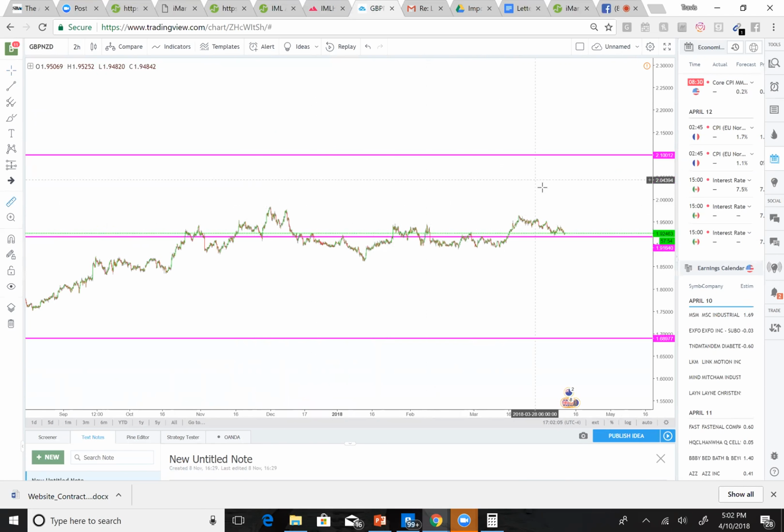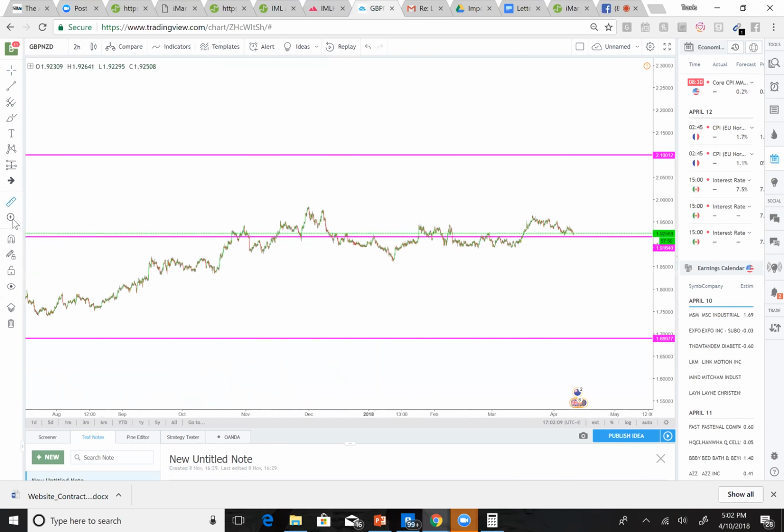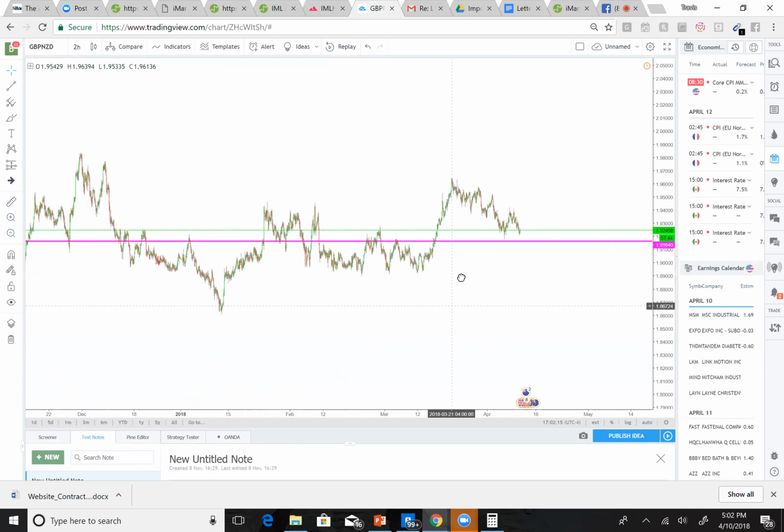Now, how do I get my stop loss? Gotta zoom in. So I really should have got into this trade right here, but I'll just play the game with you guys. It actually gave us a stop loss. That's the beauty too.